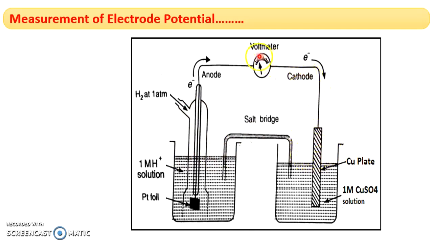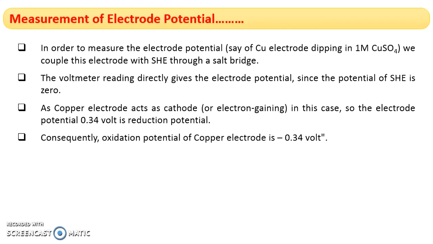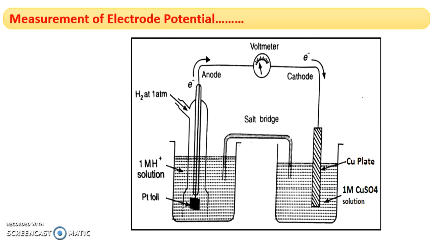Now the voltmeter gives the value 0.34. As we are maintaining standard conditions, it gives the value 0.34, that is the reduction potential. Why? Because at the sample electrode reduction is occurring, so the potential difference given by the voltmeter is the reduction potential of the sample electrode.